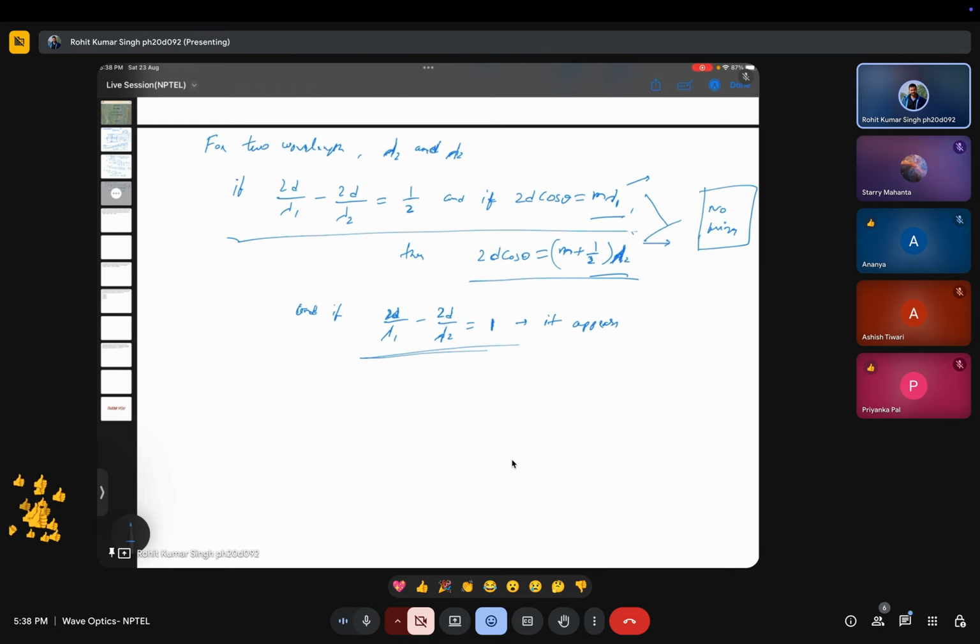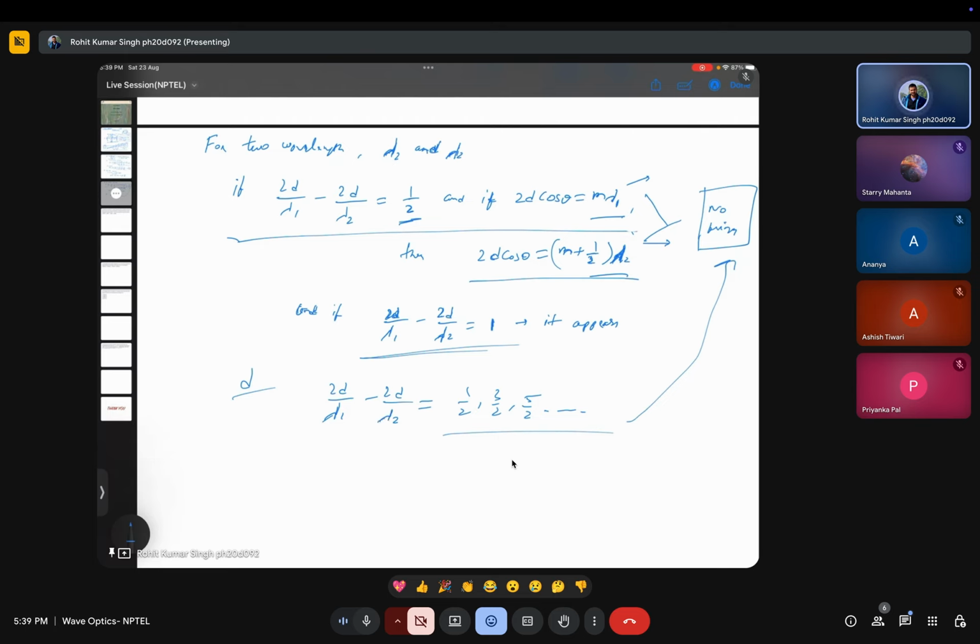Okay, thank you. So in general, if you keep changing d such that you are getting half, then 3/2, then 5/2, all of them will lead to this condition of no fringes, okay. And then if the difference is integral like 1, 2, 3, then they will appear.